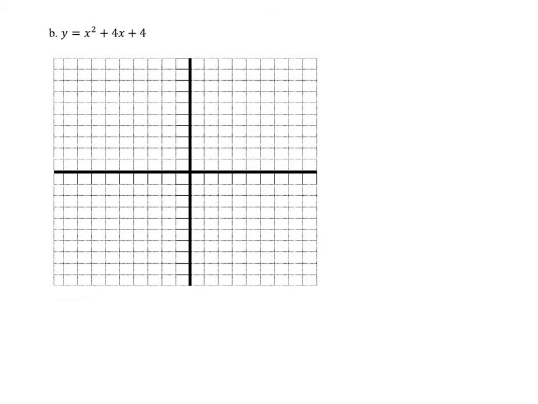Okay, let's take a look at this one. Well, we realize that A is equal to 1, B is equal to 4, and C is equal to 4. So it opens up like a cup. So now let's build a symmetry table.